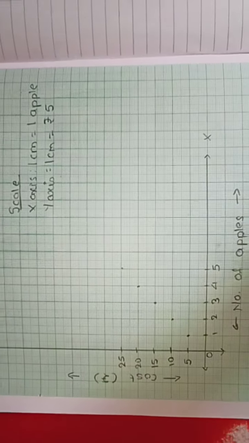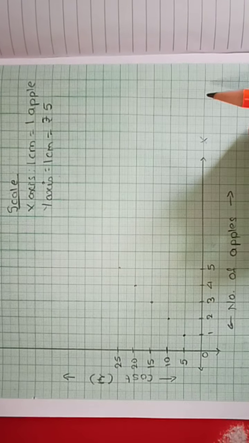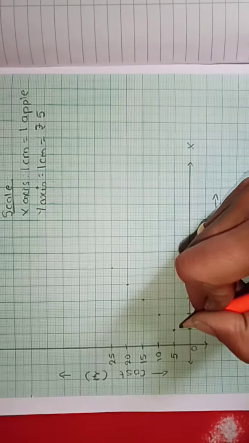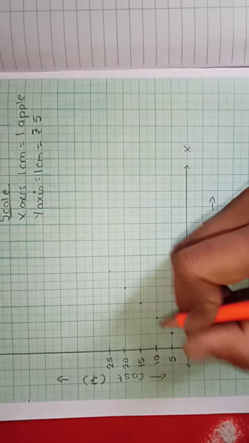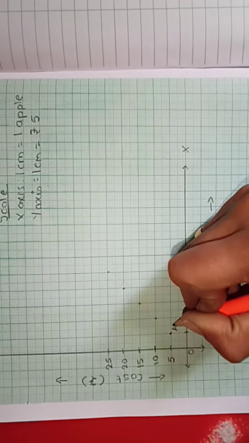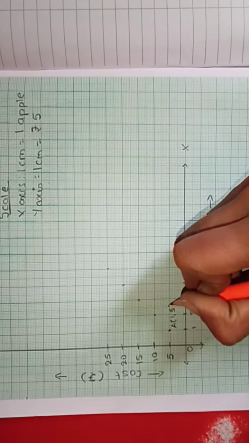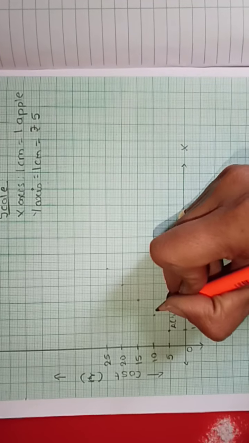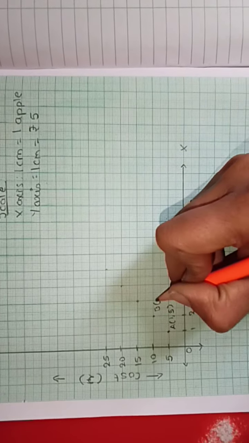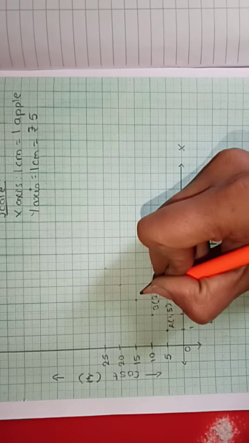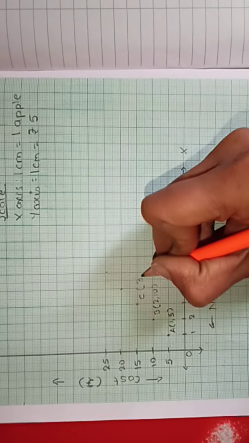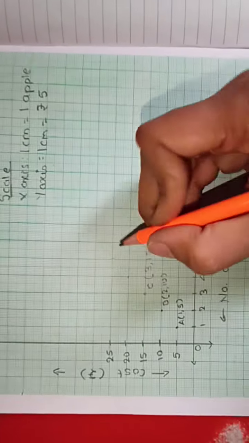Along with the plotting, we also have to write the points. Here it was A, 1, 5. Then B is 2, 10. Then C is 3, 15.